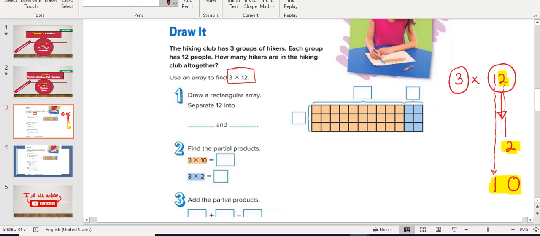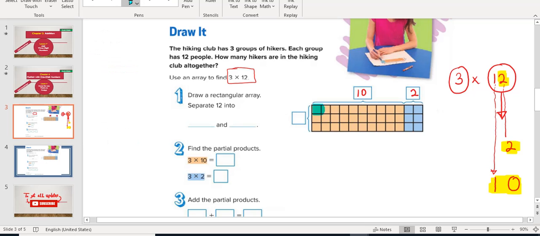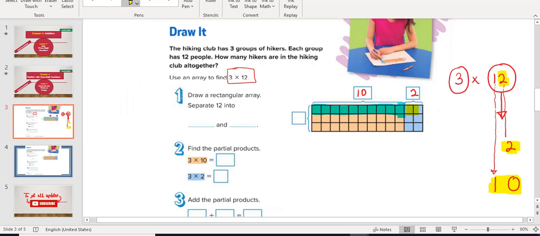So in our rectangular array, this is 10 in the length part and this is 2. Okay, so if you count these boxes here, it gives you 10, and this other part is just 2 per row.